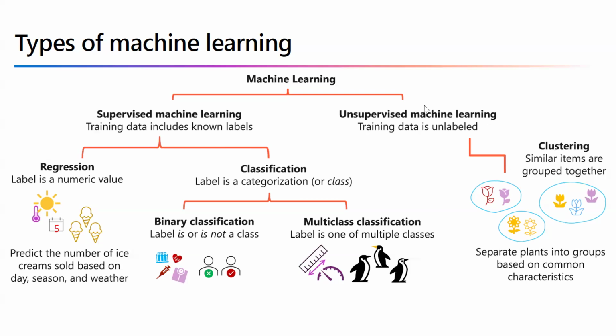But in the case of unsupervised learning, we are not labeling our data. We leave it to the machine learning model to create its own clustering. For example, I will feed some unlabeled data about different types of flowers.